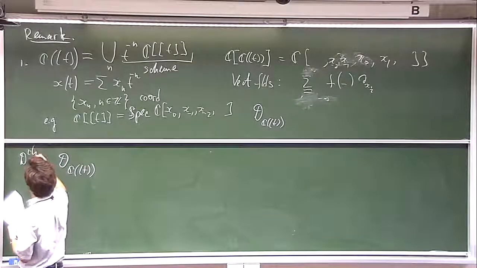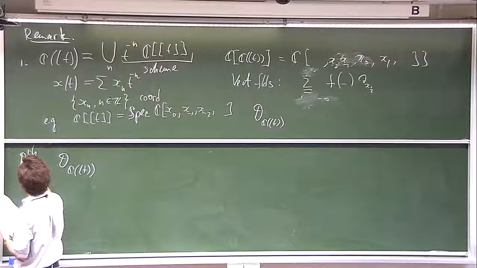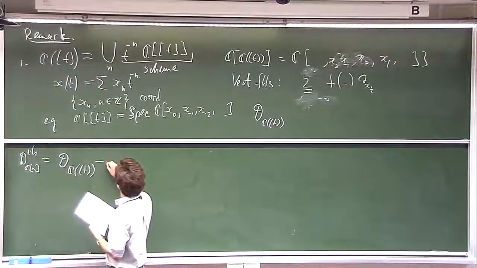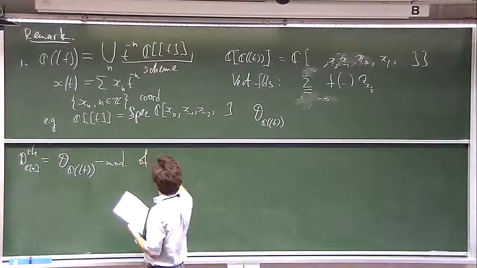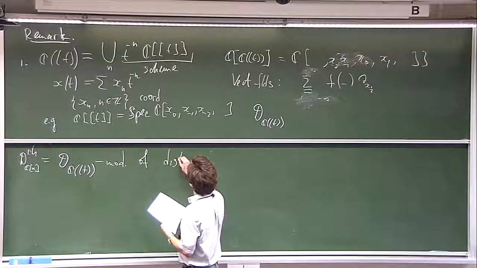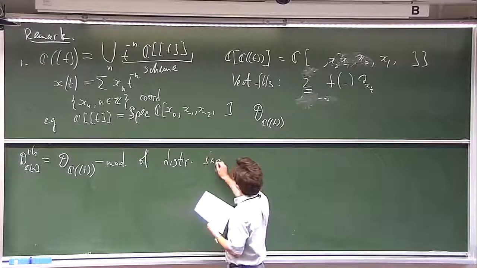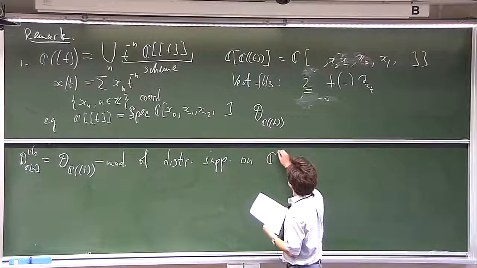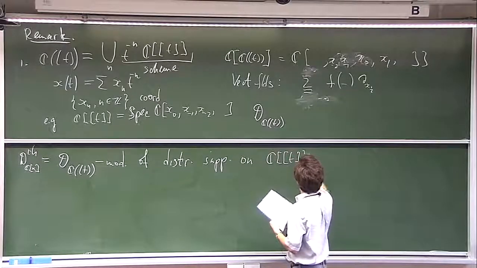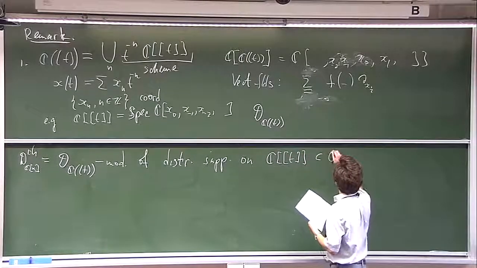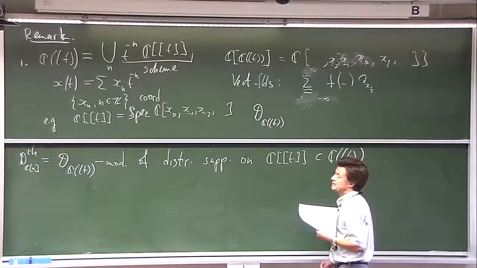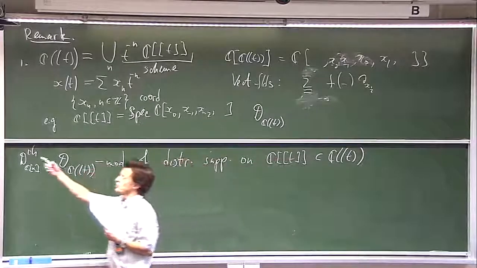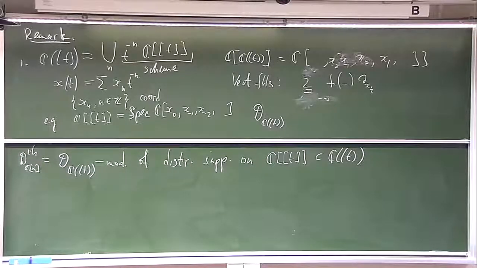So that thing is a D-module of distributions supported on, so to say, holomorphic arcs. If you give this a thought, you will see that what's written there, especially here, is exactly that.